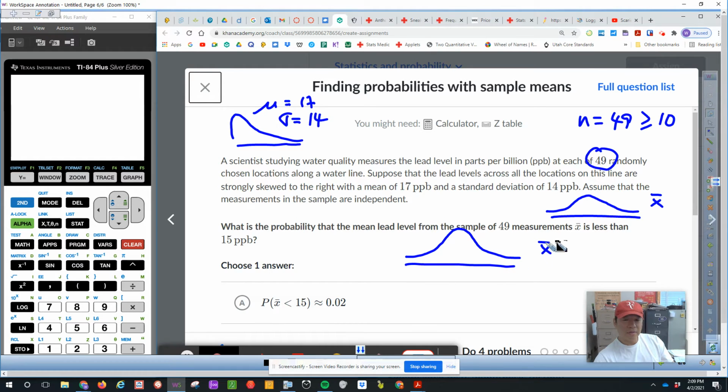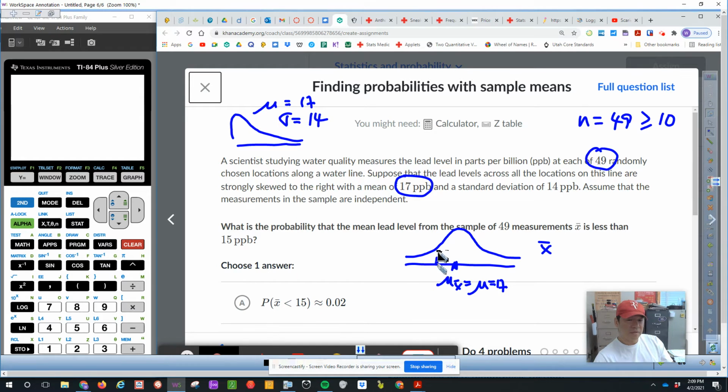Okay, so we have the sampling distribution, and the mean here will be equivalent to the mean of the population. In this case, the mean of the population is 17. They want us to find the probability that the sample mean is less than 15.